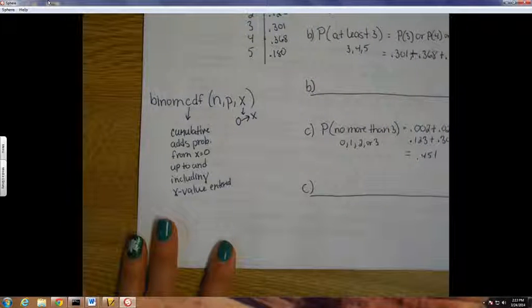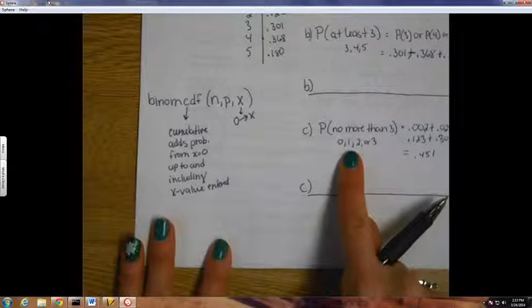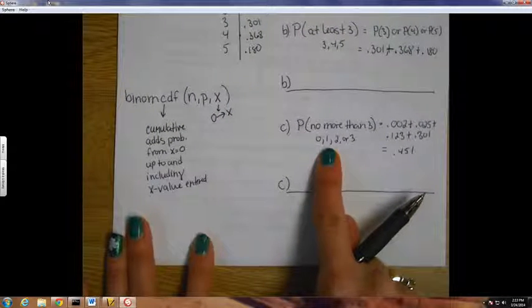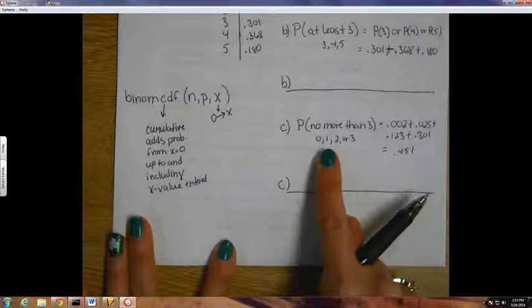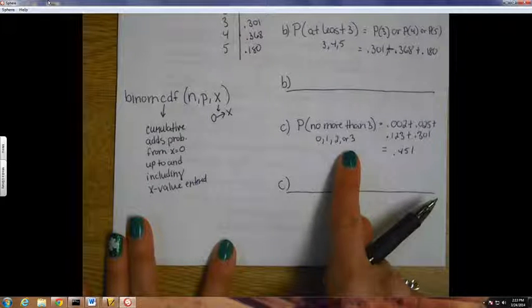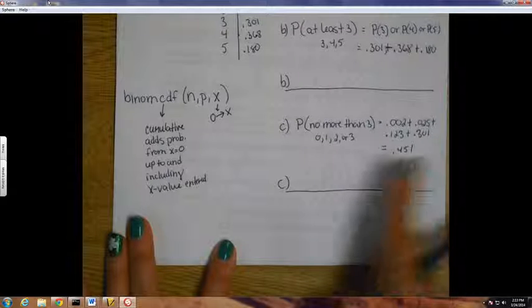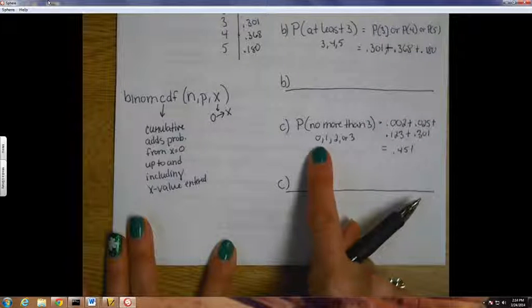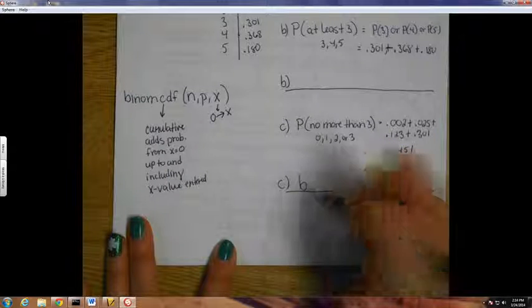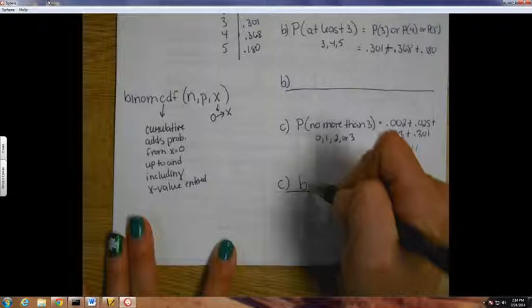So, let's take a look at letter C that we did. We wanted the probabilities for 0, 1, 2, and 3 successes added together. So this one started adding from 0. I could get the calculator to do this by using binomial CDF.